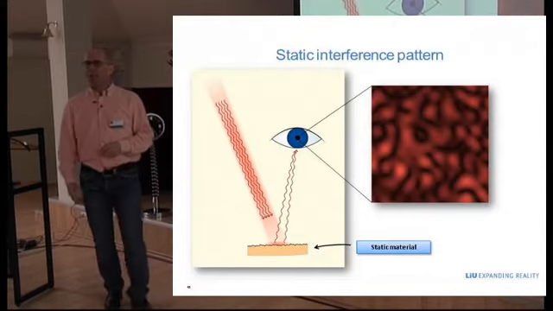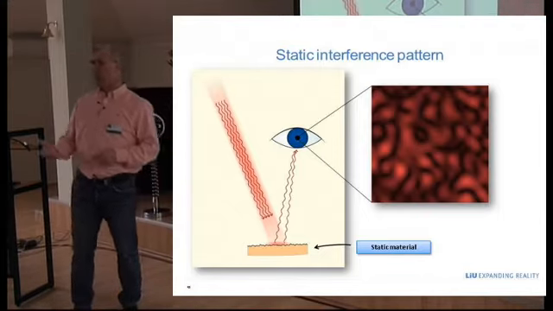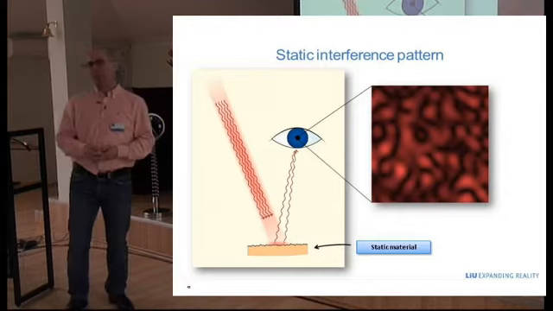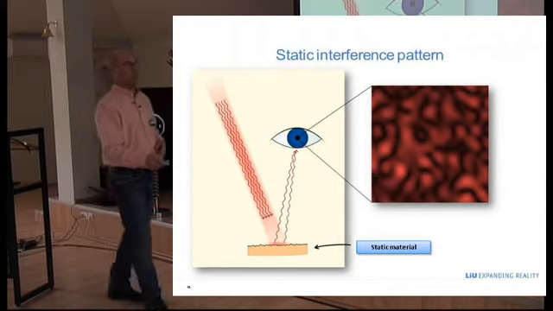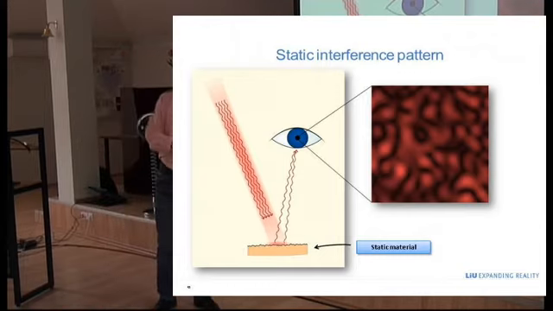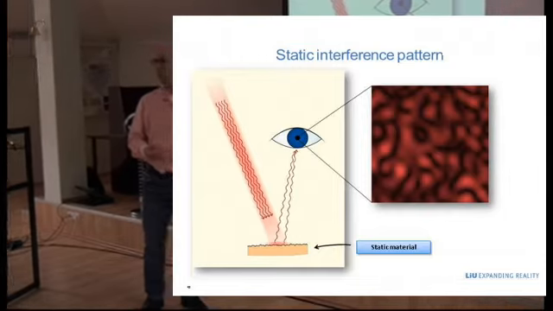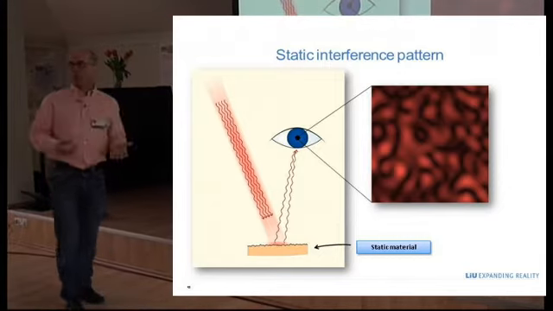If you apply that on something diffusely scattering, where you see what is underneath, for instance skin tissue, you will see a speckle pattern that actually is moving. Why is it moving? It's because of the blood cells.